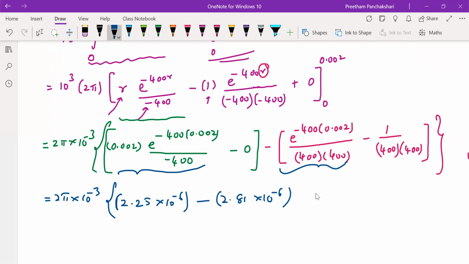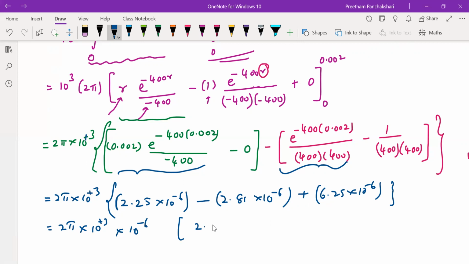So minus into minus plus, the last one: 6.25 into 10 power minus 6. 10 power minus 6 can be taken out as a common factor.